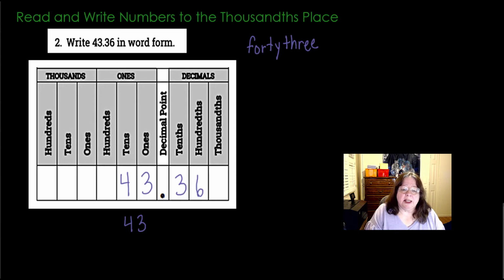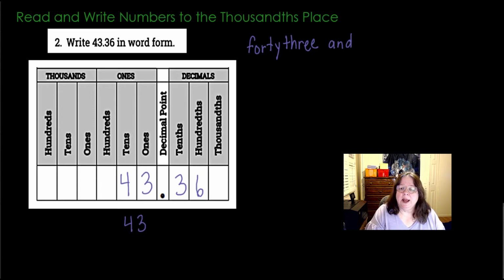When we come to the decimal point, I'm not going to put a decimal point in my writing. I should say "and." 43 and then I'm going to look at the whole, although this is a part of a number, I'm going to look at both of these two digits. If you just had these two digits by themselves, how would you read it? You would read it as 36.